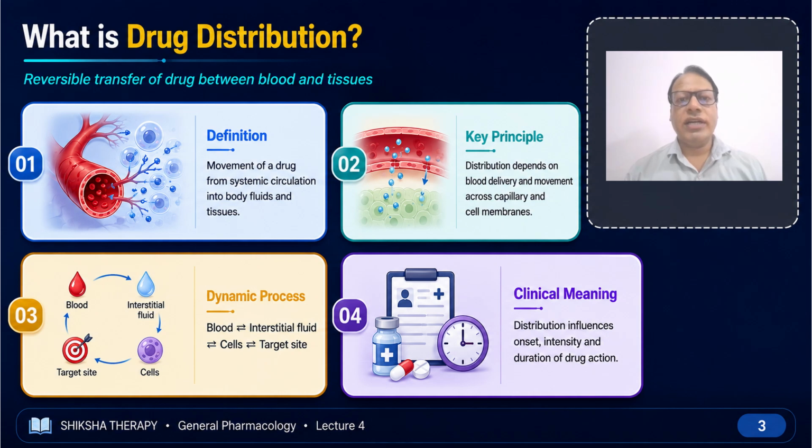This means a drug can move from blood to tissues and can also return from tissues back into the blood. Distribution depends mainly on blood flow to the tissue and the ability of the drug to cross capillary and cell membrane. Clinically, distribution can influence the onset, intensity, and duration of action.